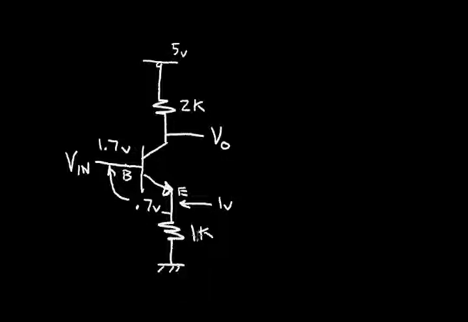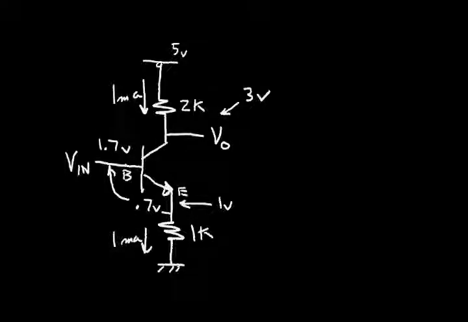And 1 volt across 1 K produces 1 milliamp of emitter current. So I have 1 milliamp flowing in the emitter. And I have a fairly high beta transistor. We'll say a beta of 100 or more. So better than 99% of this current is flowing in the collector terminal. So I'm going to round it to 1 milliamp. Now this 1 milliamp times 2K gives me 2 volts across the 2K resistor. So this V out is initially sitting at 3 volts.